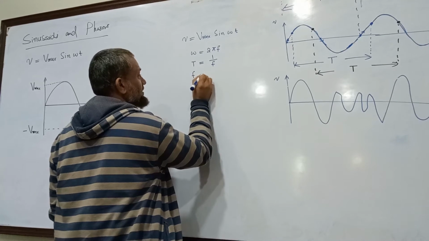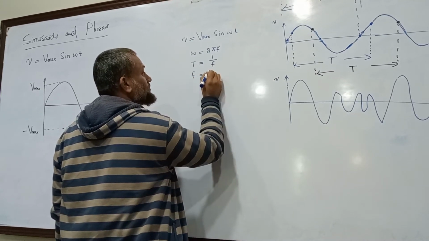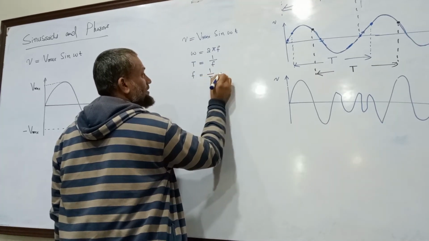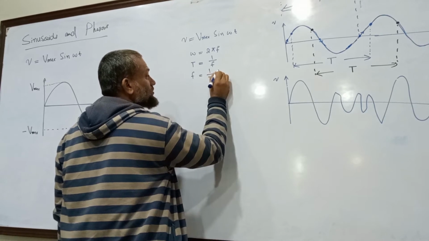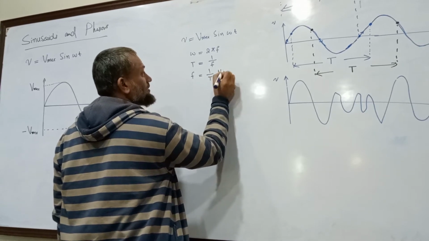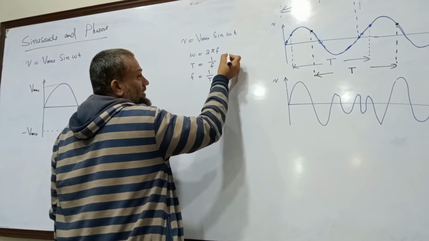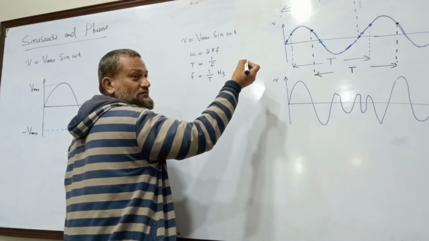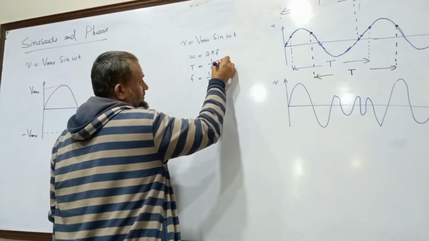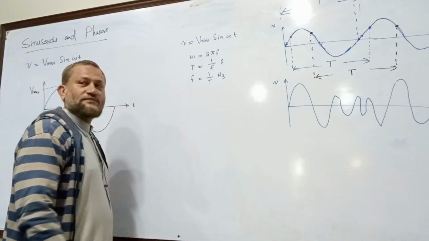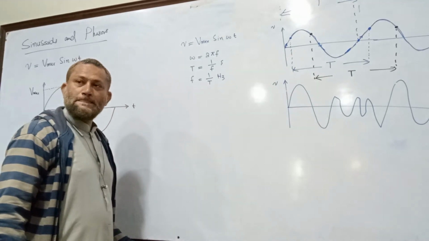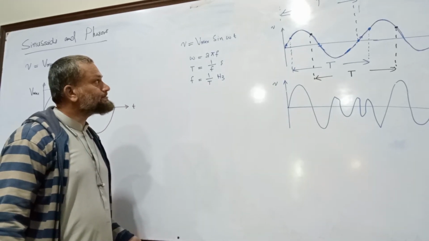Frequency f is equal to 1 over the time period. The unit of frequency is hertz, and the time period is measured in seconds or milliseconds. Understand my point?